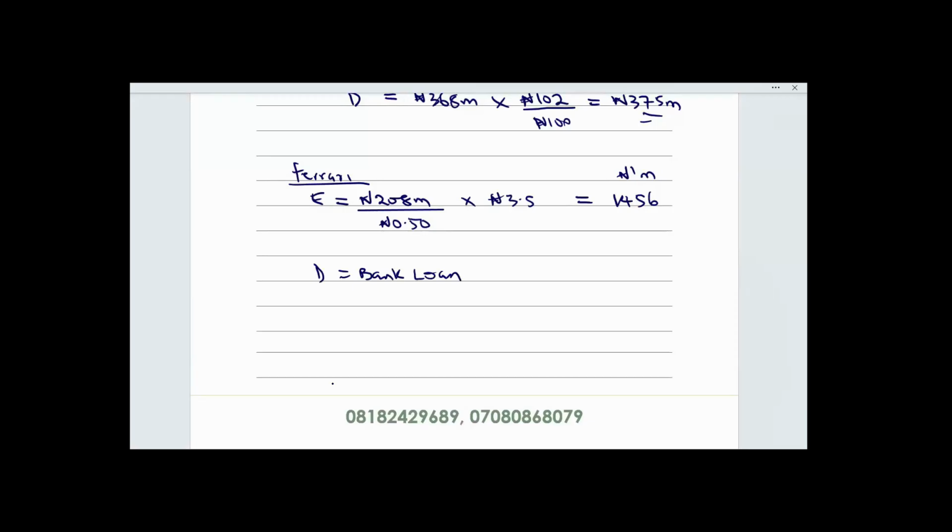Then the debt for Ferrari is a bank loan. You cannot calculate a market value for a bank loan because it's not tradable. The bank loan for Ferrari is 624 million. So you add the two together, that will give us 2080. This is the total value.